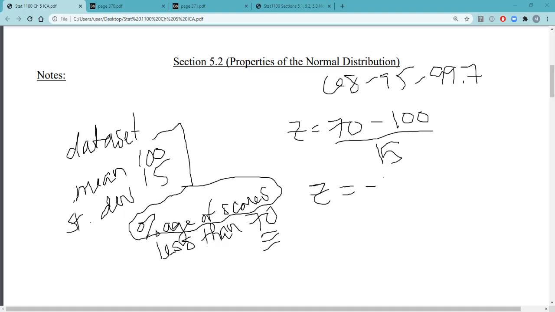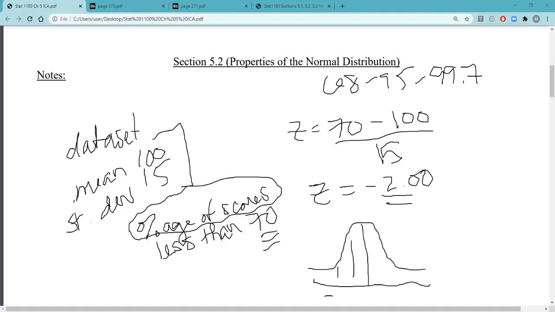I can see that I can use that rule because it's exactly 2 standard deviations to the left. So since it's exactly 2, I can use this rule.